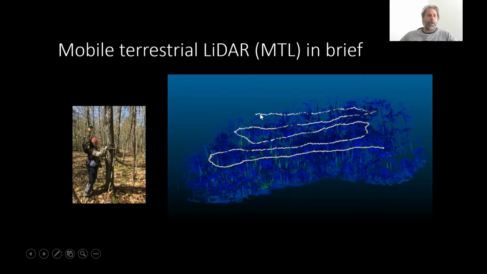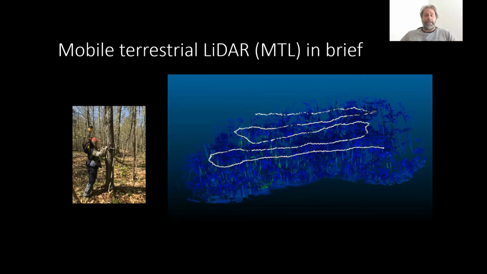During the walk, the sensor captures a lot of data. You can imagine thousands of points taken by the sensor. After the walk, you have to make sense of all that.